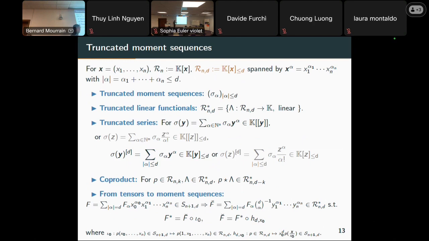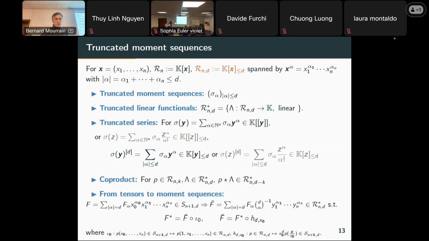It is identified with a linear functional in the dual space, that is, a truncated sequence of moments up to degree d, or a formal power series truncated at degree d, or a polynomial in the dual variables.